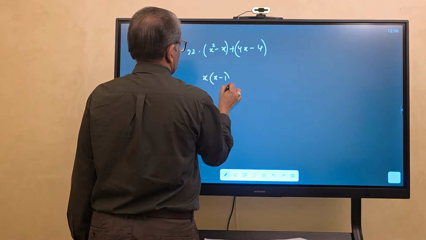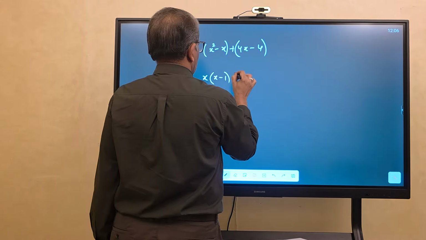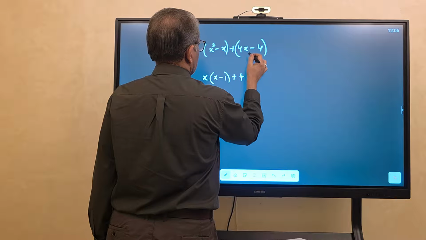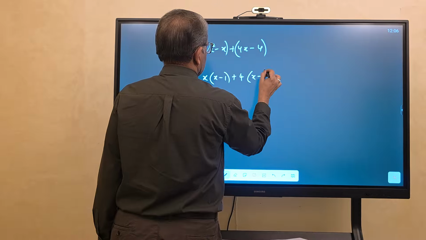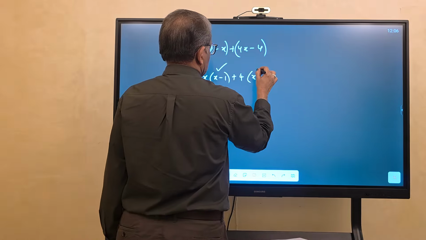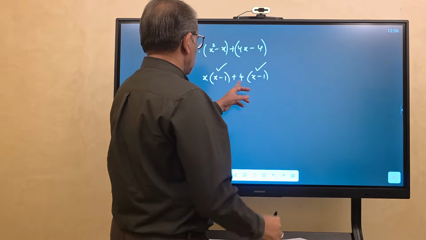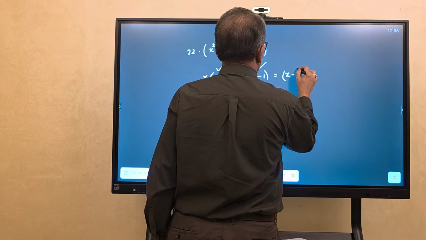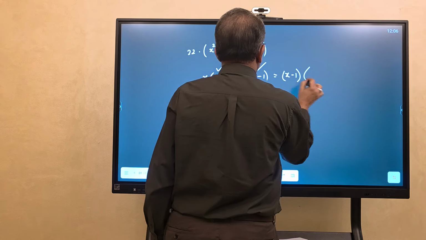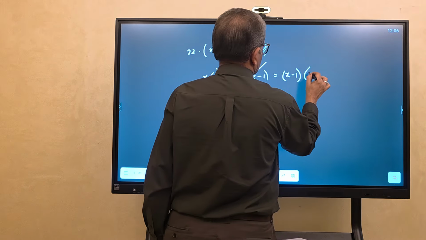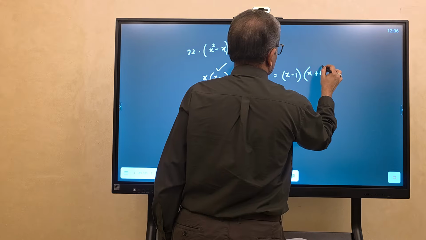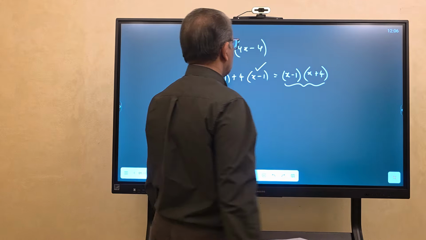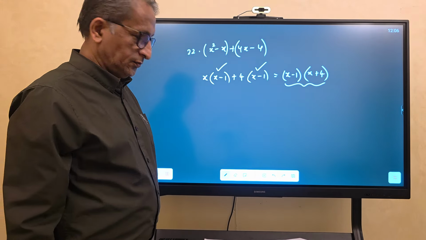X minus 1. In the second, what is common? 4. What is inside? X minus 1. Common. So I take that common out, and then we have x plus 4. So these are the factors of this.